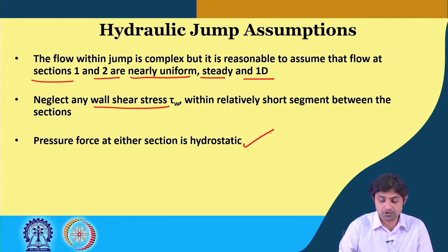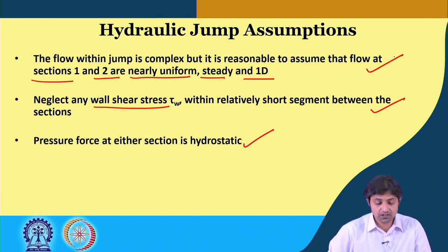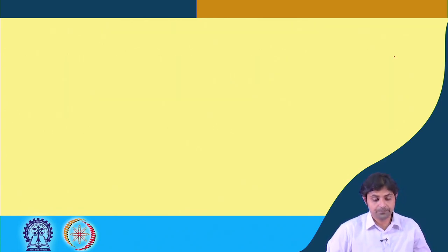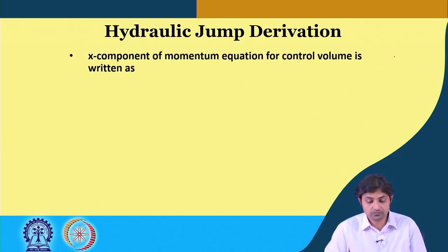So the first assumption is that the flow is uniform, steady and one dimensional at sections 1 and 2. Second, we neglect any wall shear stress between the sections. The third assumption is that the pressure force at either section is hydrostatic.